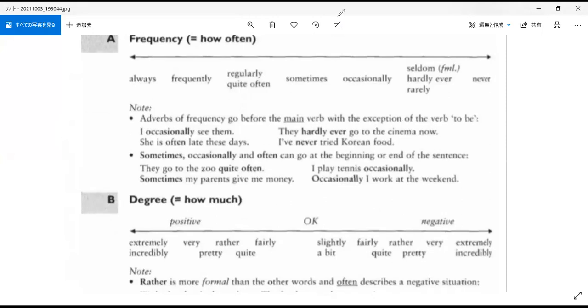Jadinya itu, let's have a little recap. So we learned about verbs, right? There are regular and irregular verbs. Itu kan kata kerja ya. Words that show action.